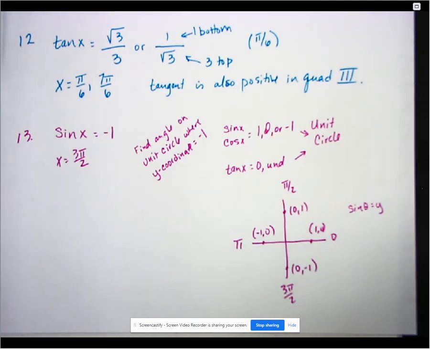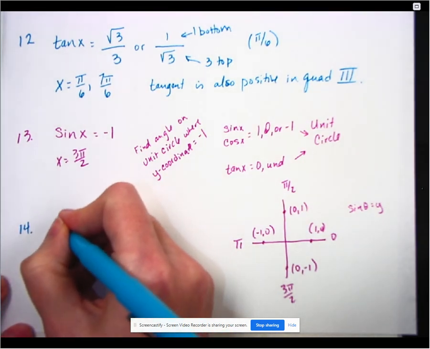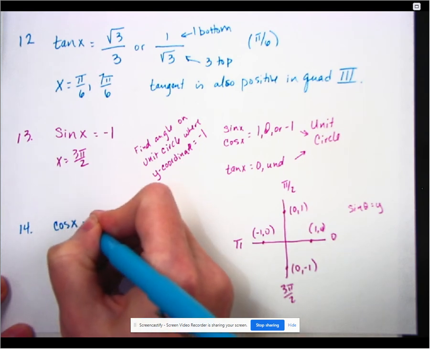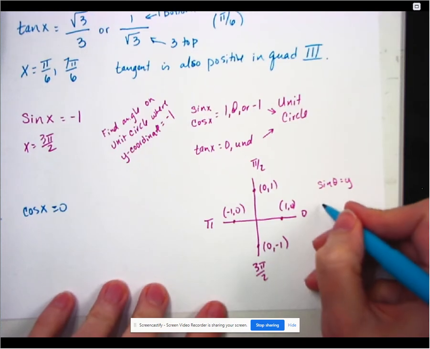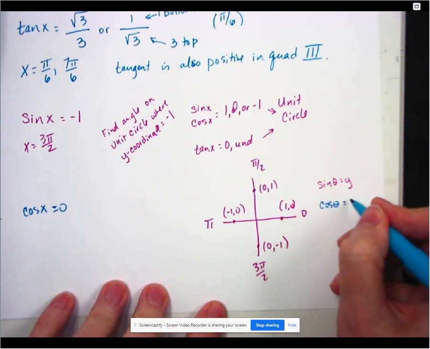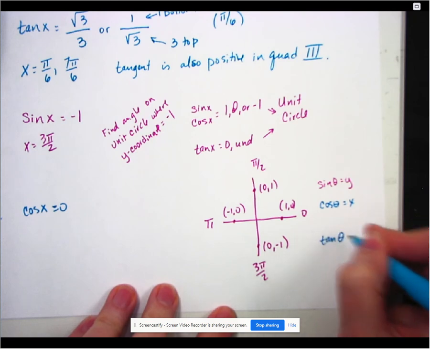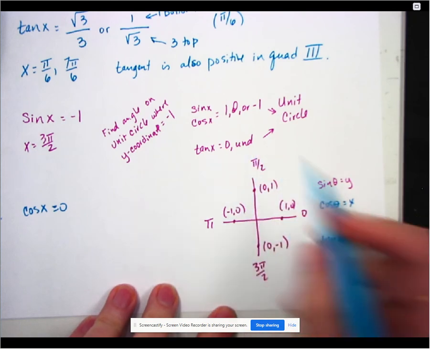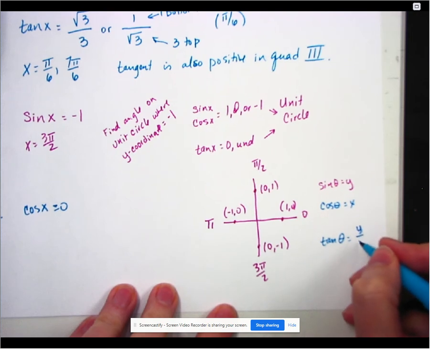All right, and then for number 14, we have that the cosine of x is equal to 0. Don't forget on the unit circle, if we're finding the cosine, we're going to use the x. And if we were going to do a tangent one, where we had 0 or undefined, that's where we'll do y over x.